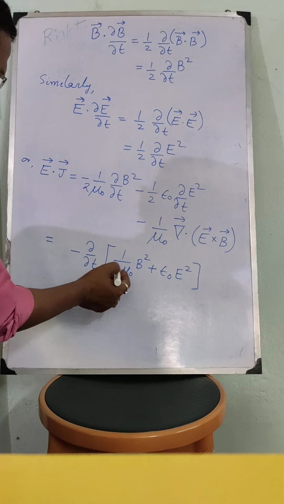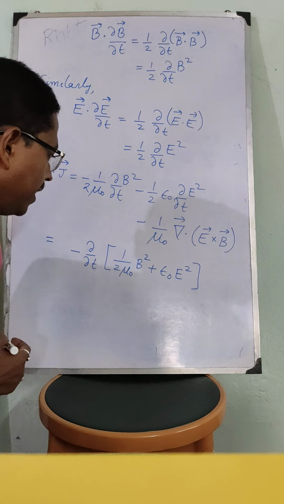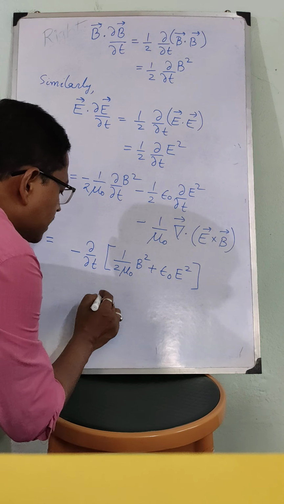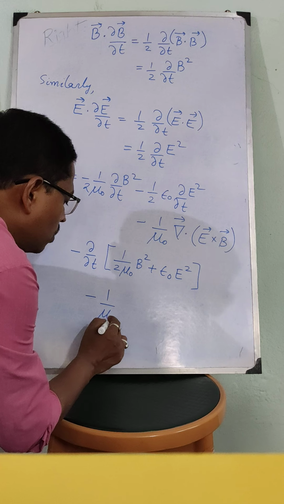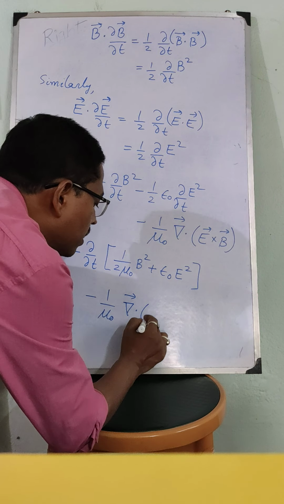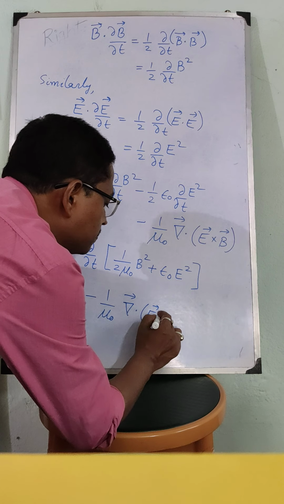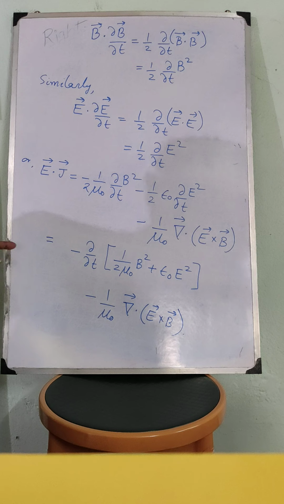This you recognize because this is the energy density of the electromagnetic field. So minus 1 by mu 0 del dot E cross B. Okay. So this is our expression of E dot J.